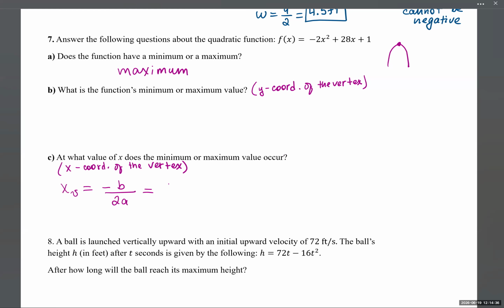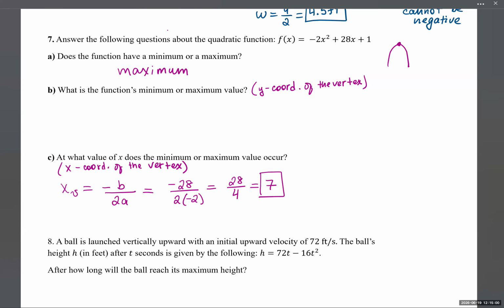So for us, that would be minus 28 divided by 2 times negative 2. So that's positive 28 over 4. Since it's a double negative, it's going to be positive, and that would be 7. So the maximum value will occur at x equals 7.